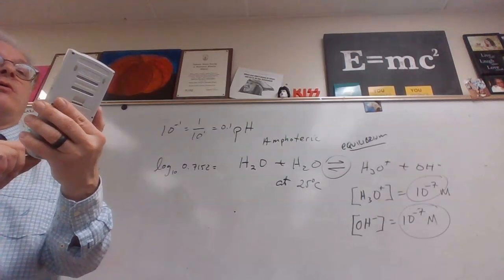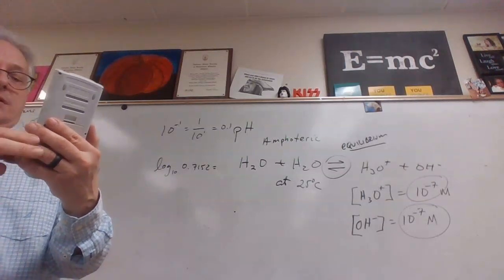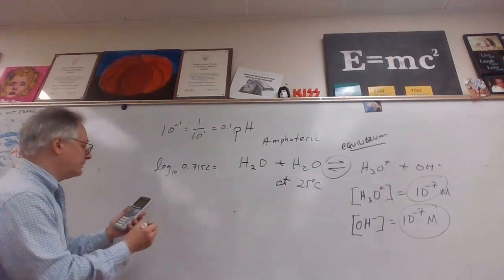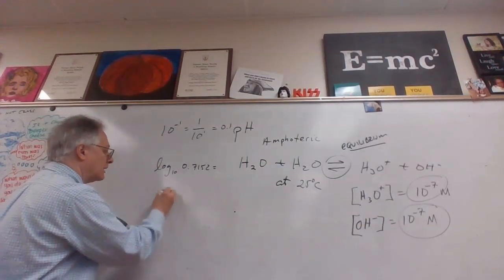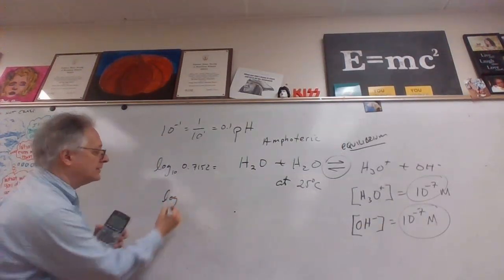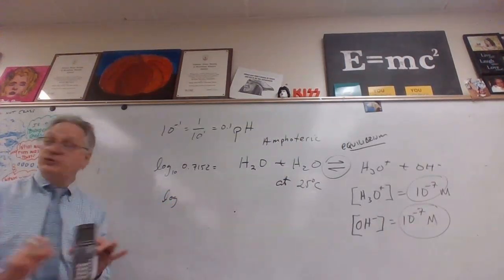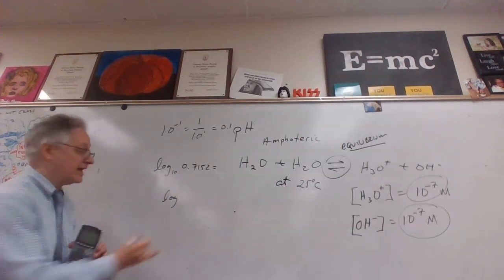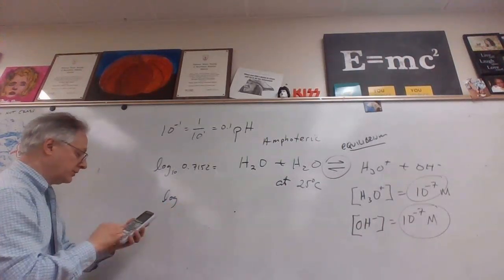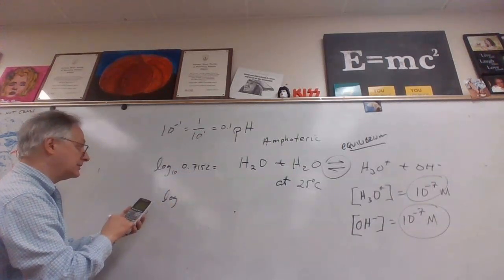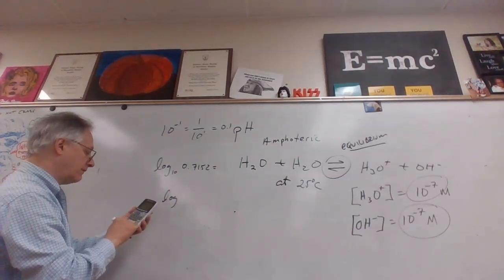Ooh, my batteries are low. So the way you do this is you hit log, and it doesn't say base 10 on it because log is understood to be base 10 unless you put another number there. So just log and then put your number in there, 0.7152.